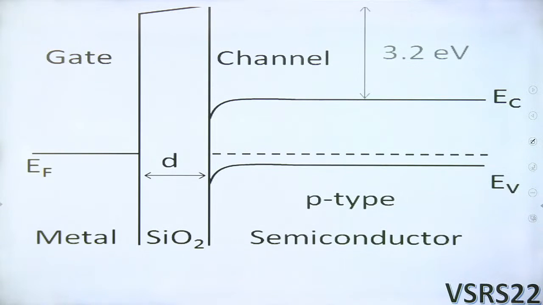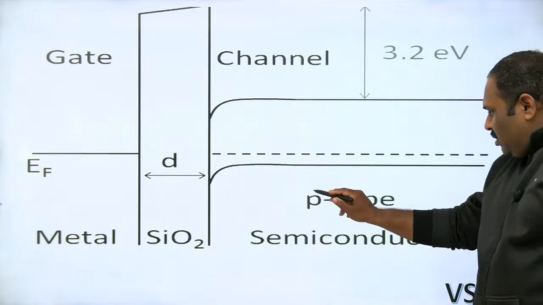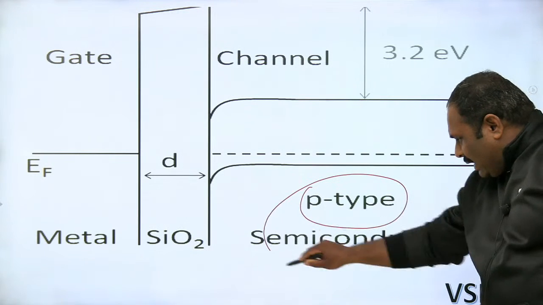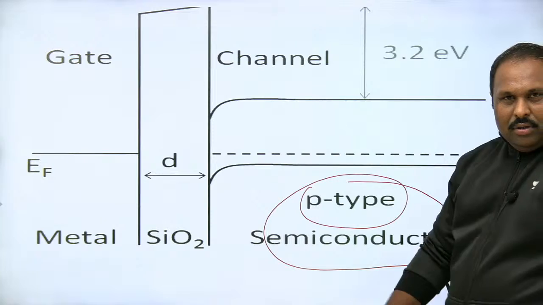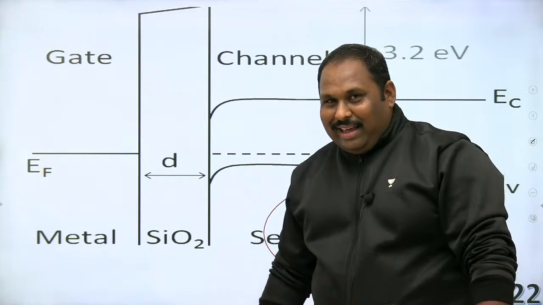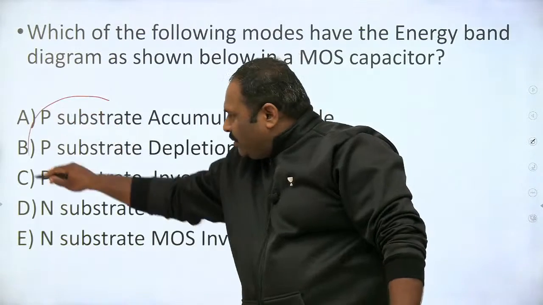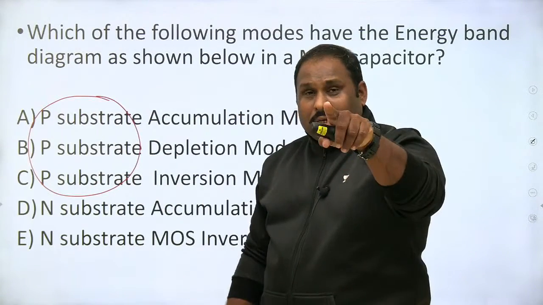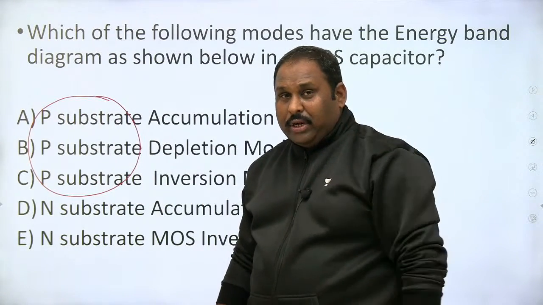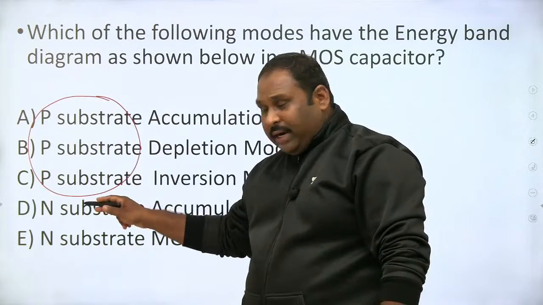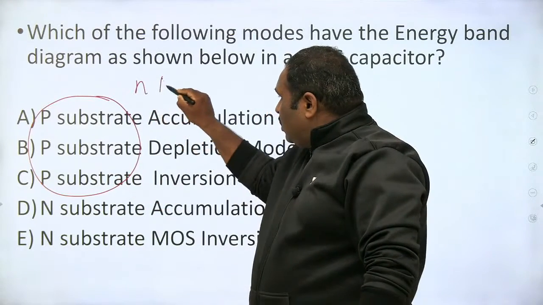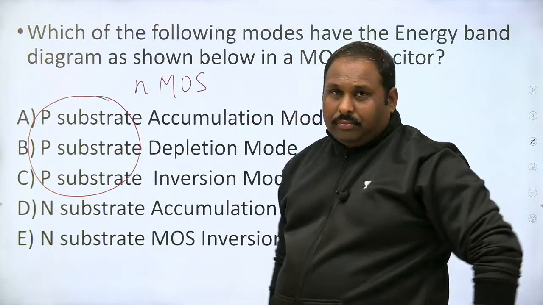Right. Students, the first thing I want you to identify here is, here they have written P-type semiconductor. So substrate, I should not again ask you what substrate it is. So undoubtedly P substrate, right? The confusion that can come here is, when it is P substrate, they generally call it as NMOS.